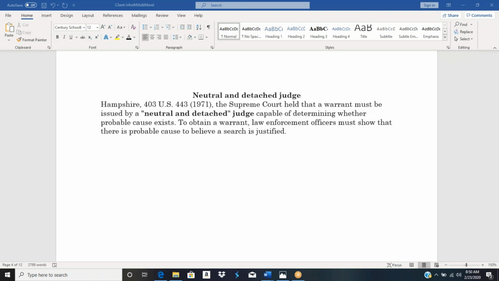If you file an action in a court, and that judge is under a 4D contract, you're not going to get anywhere. So you have to make sure that whoever's going to be presiding over the case that you initiated is a neutral and detached judge and has no 4D contract. That's very, very important.